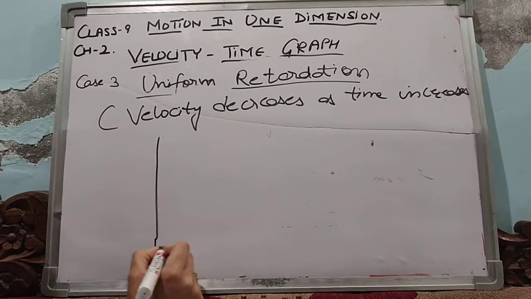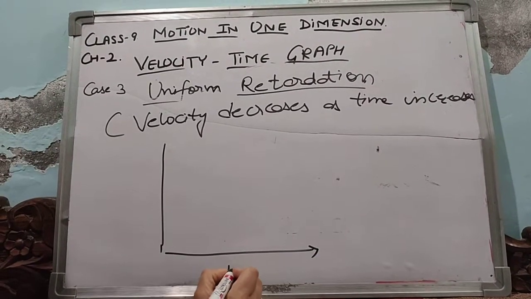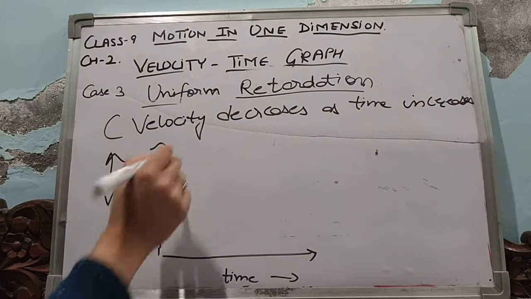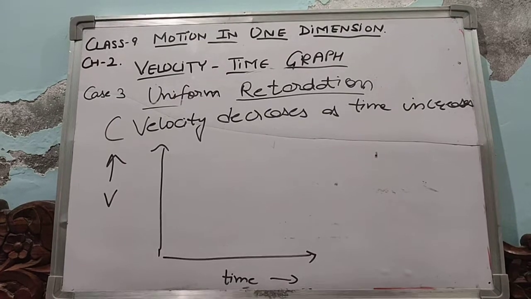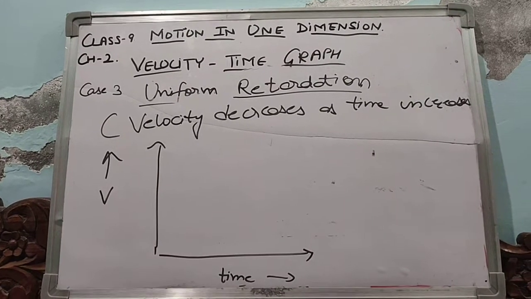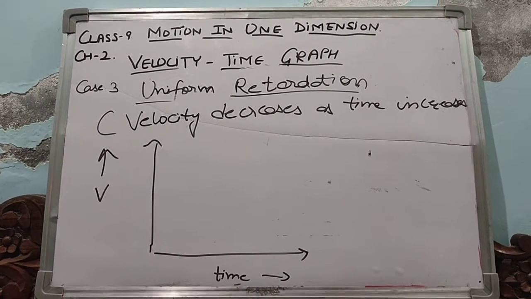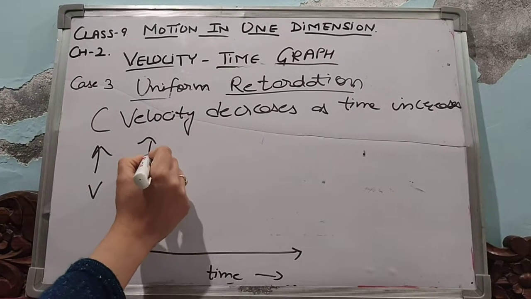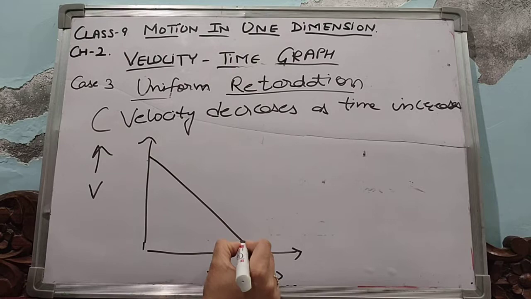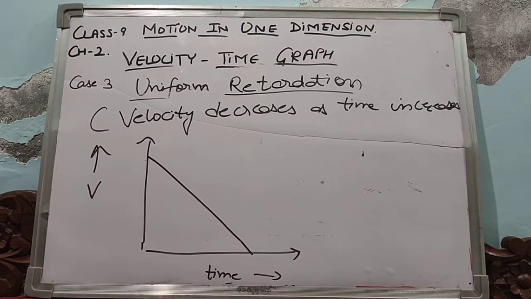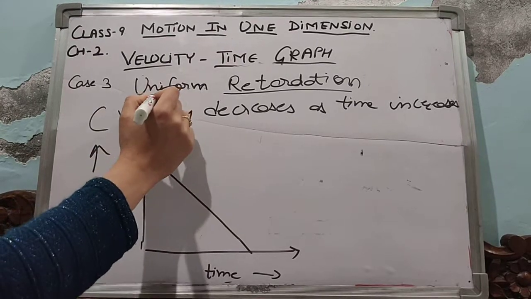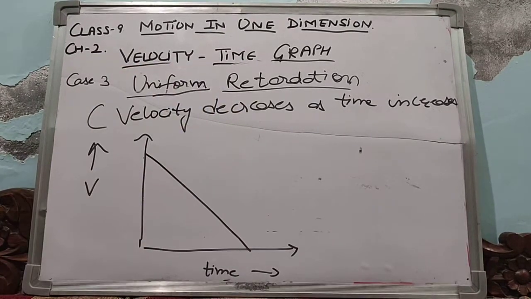This is a VT graph. Time, again I'm repeating, time along x-axis and velocity along y-axis. So the graph obtained for the motion of a body in uniform retardation is a straight line inclined to time axis but with a negative slope.